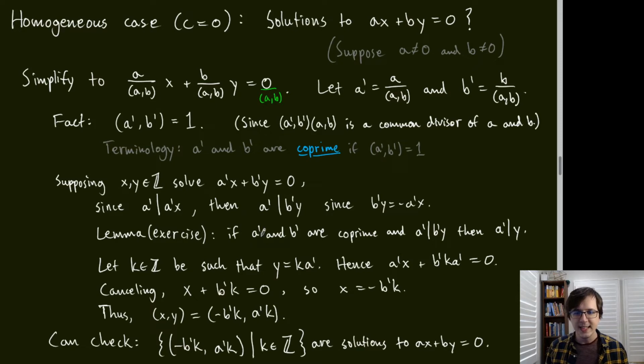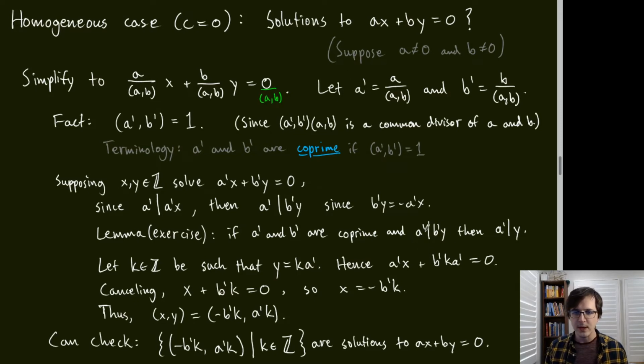If we have a pair of coprime integers, and the first integer divides the product of the second integer and some third integer, then the first integer must divide the third integer. This is somewhat similar to the primality property, but it's relative to this relationship for a prime and b prime specifically, that their GCD is 1.